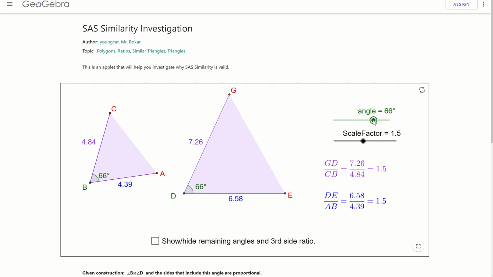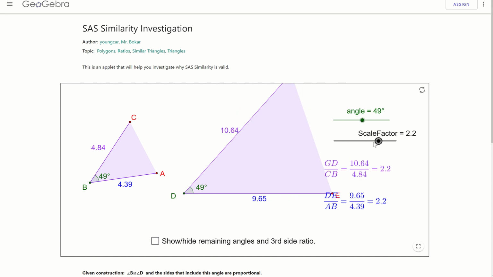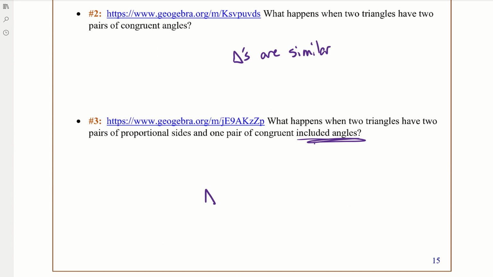If we change that angle, then the scale factor doesn't change. If we change the scale factor, the angle stays. But one way or the other, the triangles stay similar. I'm going to say again, the triangles are similar.